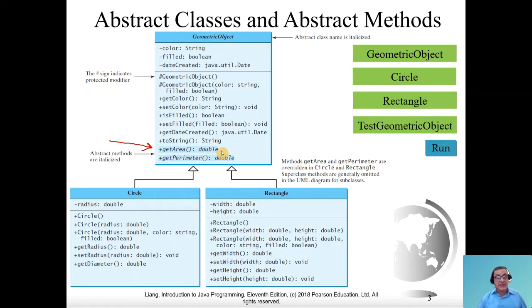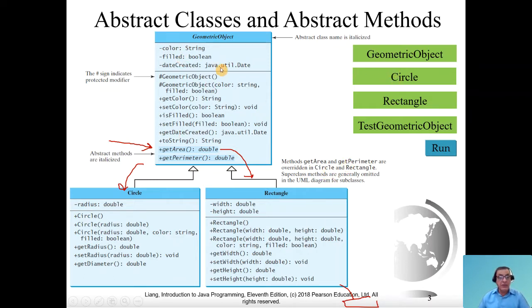The implementations can be put inside the children, in this case circle and rectangle. If you don't want to implement them in these classes, you have to make sure there's a child of these classes that implements them. So you have to implement it somewhere.